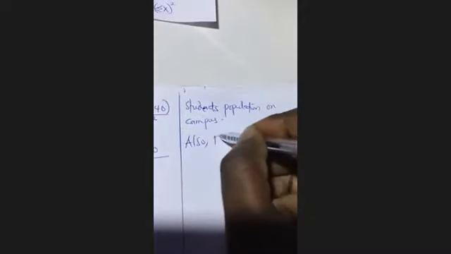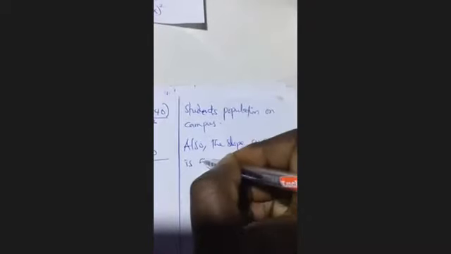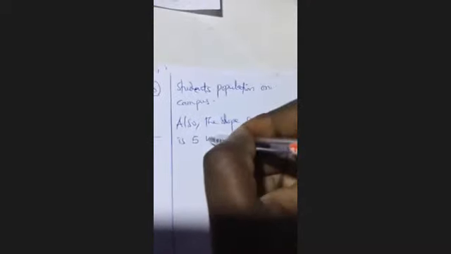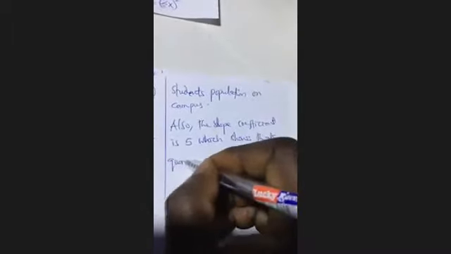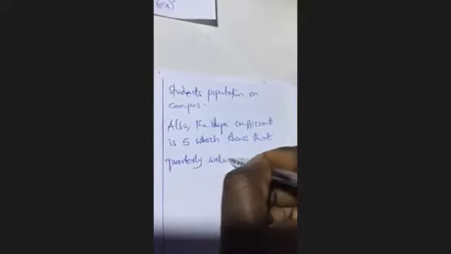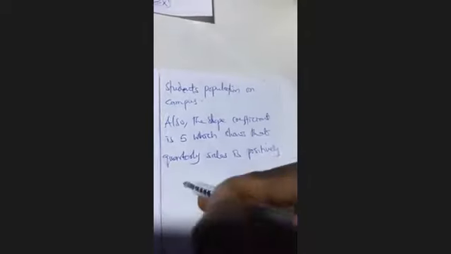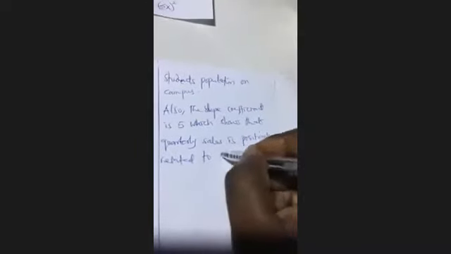The slope coefficient is 5, which shows that quarterly sales is positively related to student population.